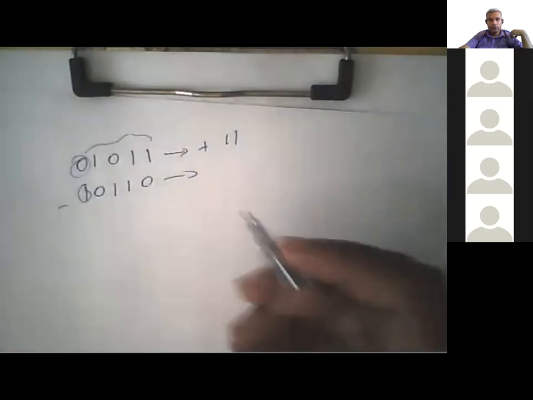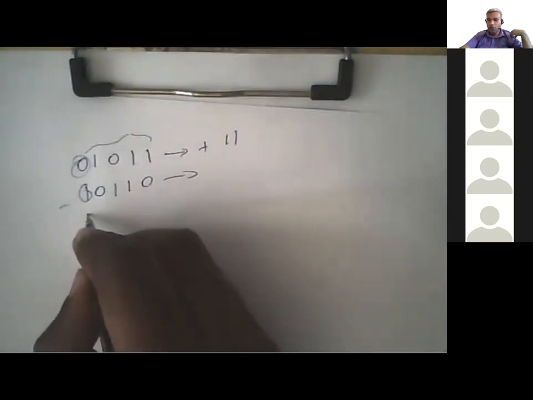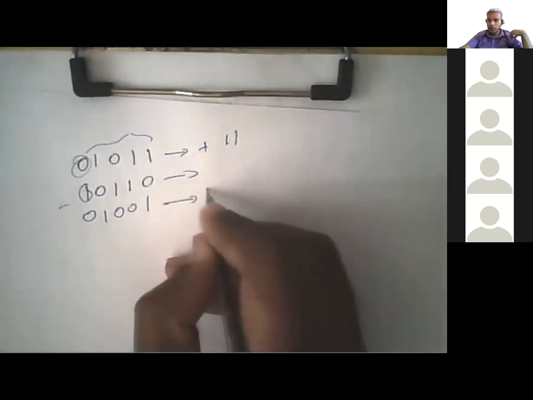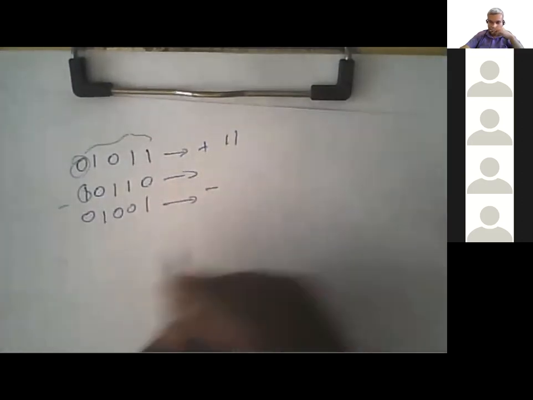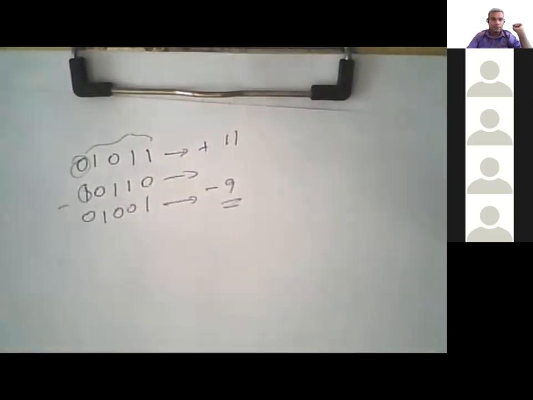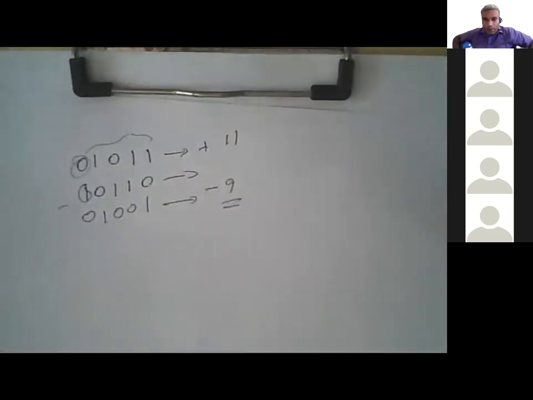This is negative, so that means I need to flip all the bits, 0, 1, 0, 0, 1. This is negative something, minus 9. Okay, so with that we finish the ones complement method.